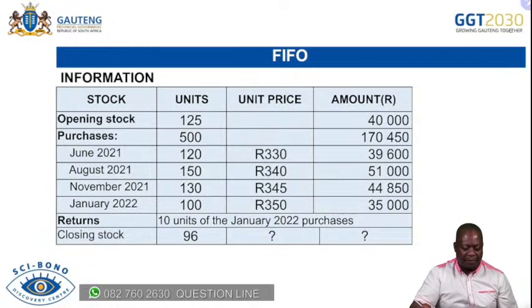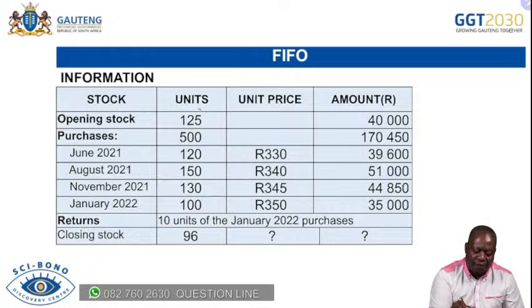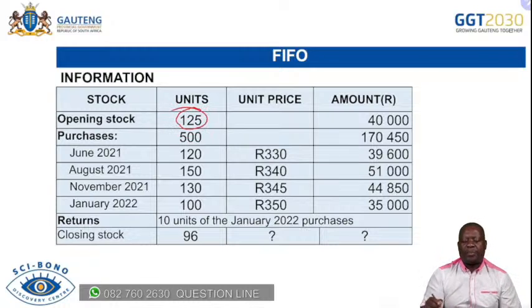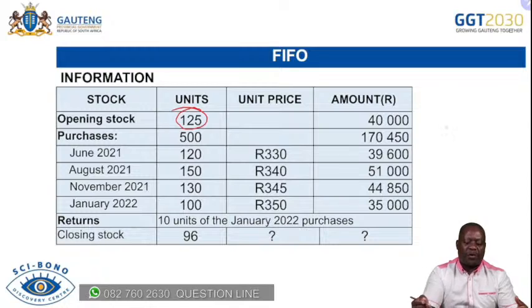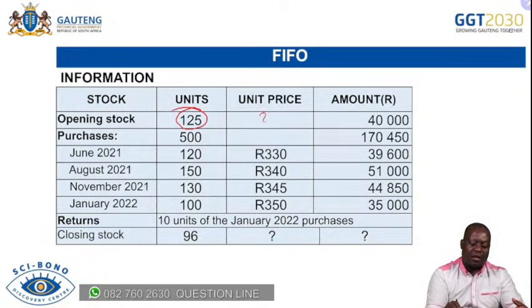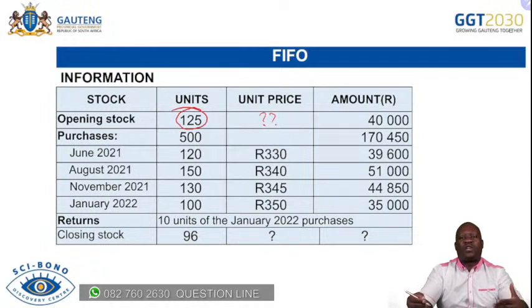So let's check here. According to this information, we started with 125 units. Opening stock, 125 units. And the value of these 125 units is 40,000. I think it's possible to find the unit price.